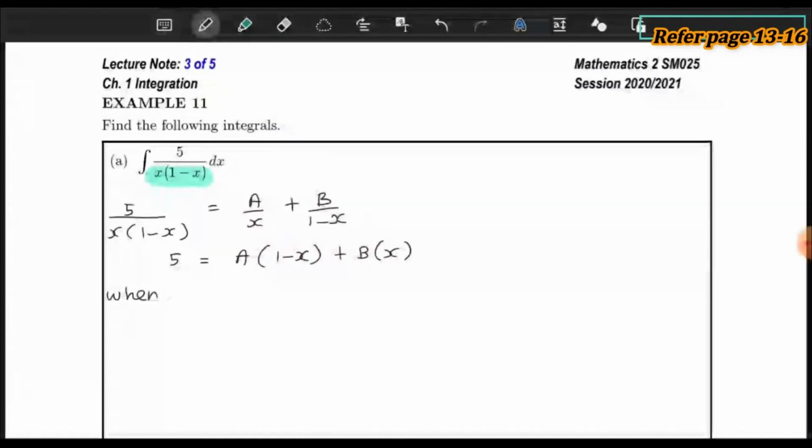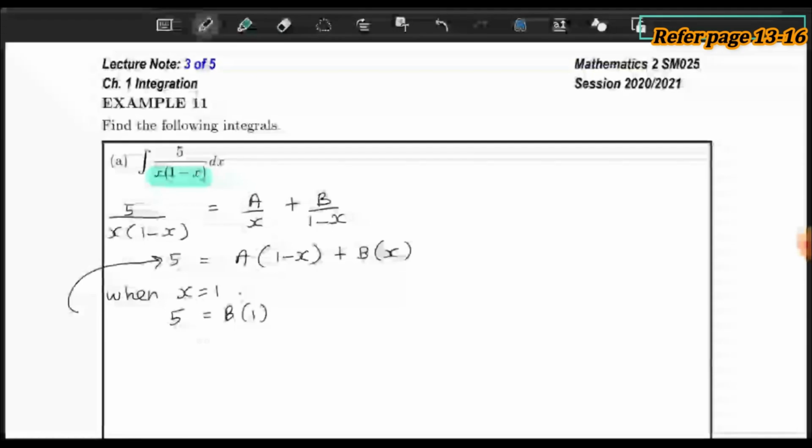When x equal to 1, we substitute into the equation. We have 5 equal to b times 1, because 1 minus 1 is 0. A, automatically a times 0 will be 0. Therefore, b equal to 5.